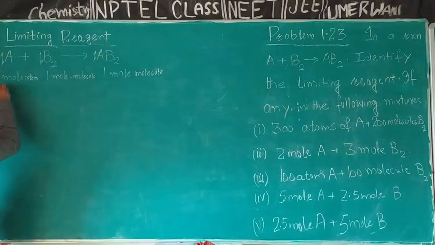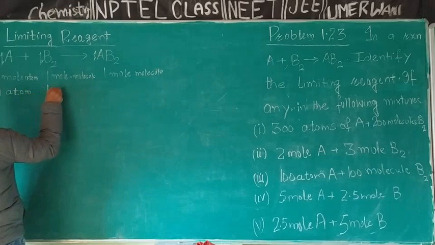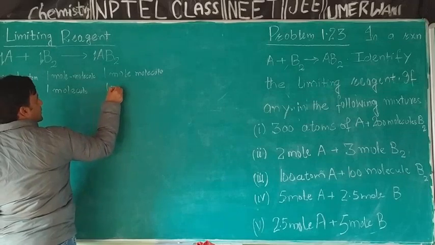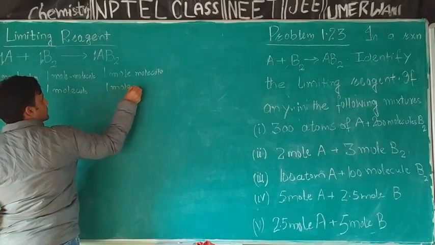Or else I can write, if 1 atom of A reacts, at that time 1 molecule of B2 reacts, and at the same time 1 molecule of AB2 is formed.